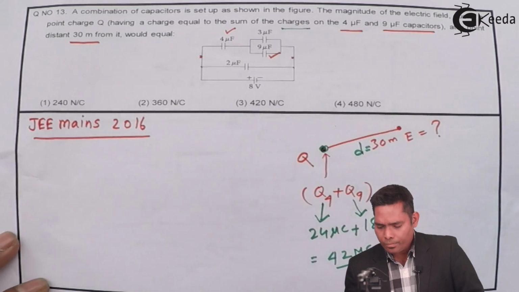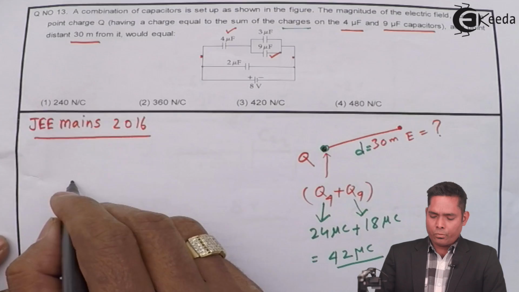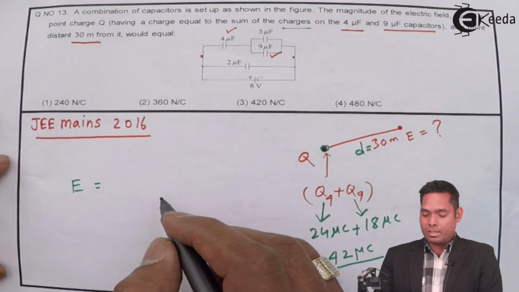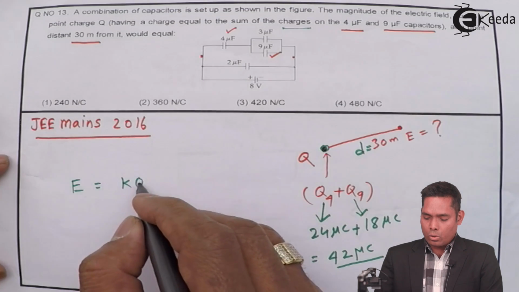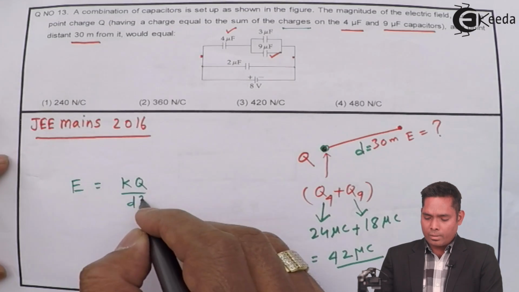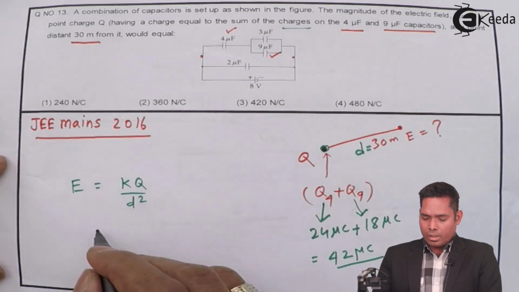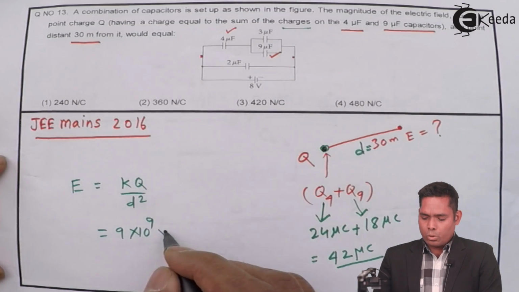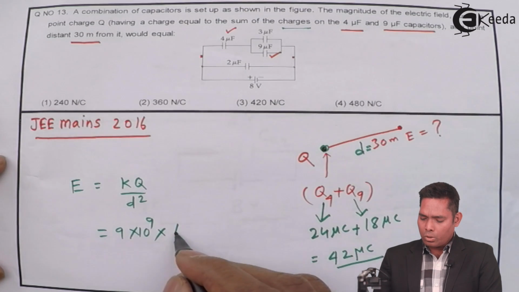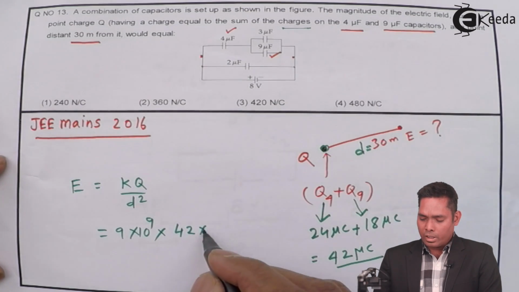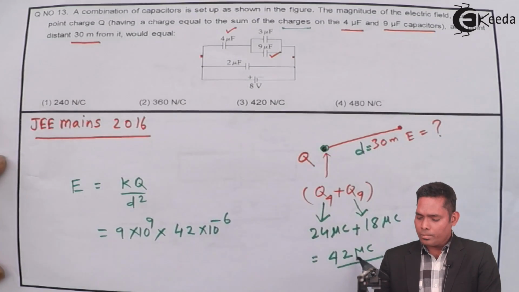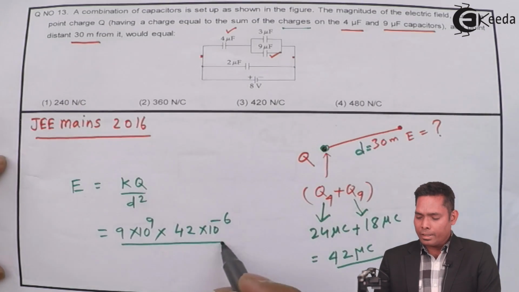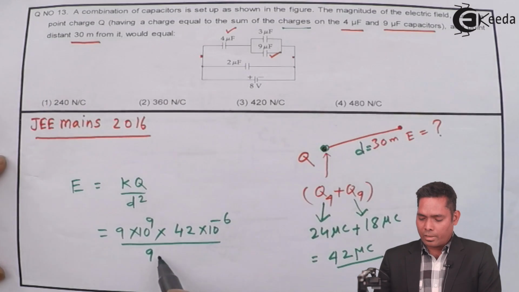30 meter. We know the formula for electric field at a distance due to a point charge is kq upon d square. K is 9 times 10 raised to 9. Q is 42 micro, that is 10 raised to minus 6 coulomb, divided by d square, that is 30 square, that is 900.